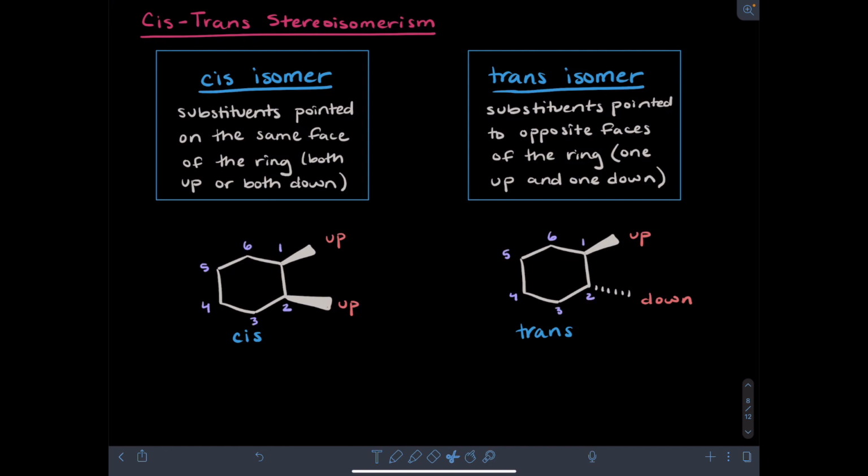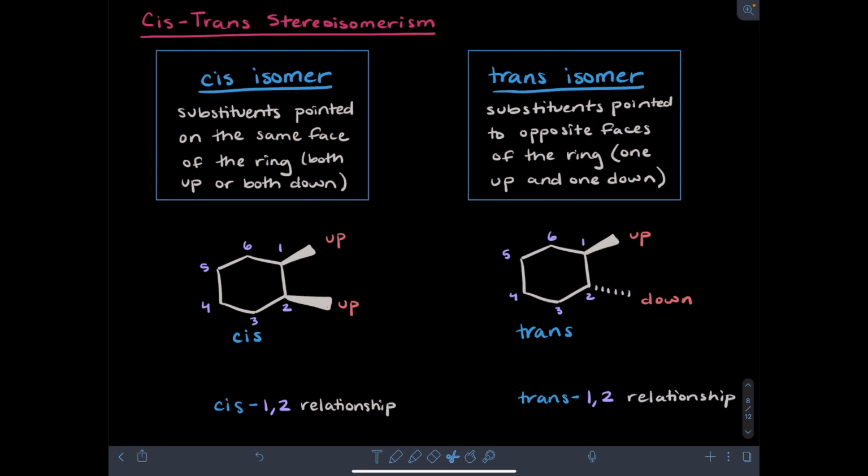If we wanted to be more specific, we could number the atoms of our rings. You would want to make the substituted carbons 1 and 2. We could be more specific and say that the relationship between our substituents on the left is that they are cis to each other and they have a 1-2 relationship.